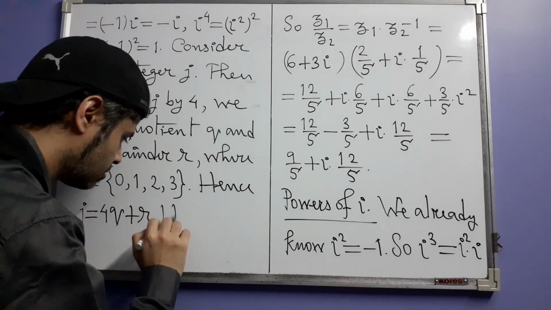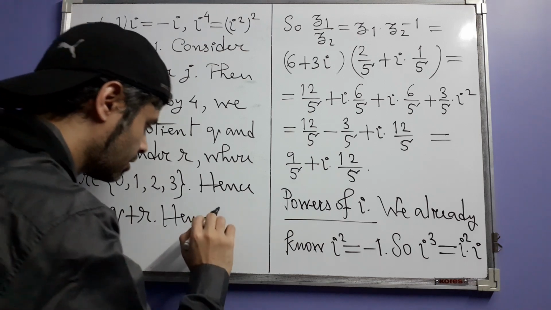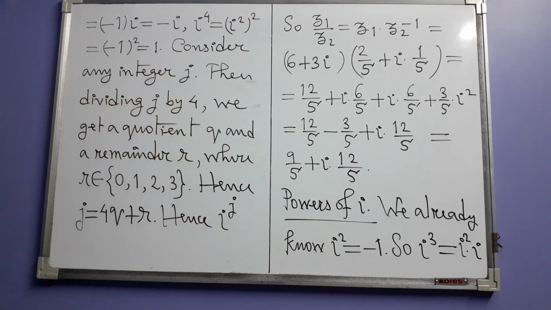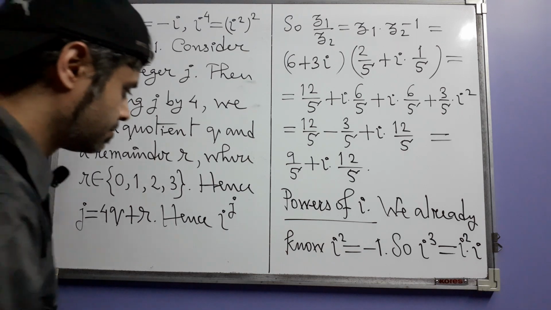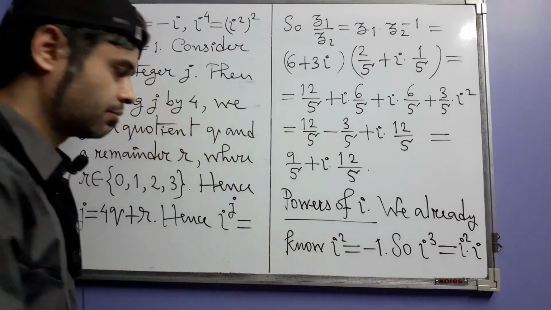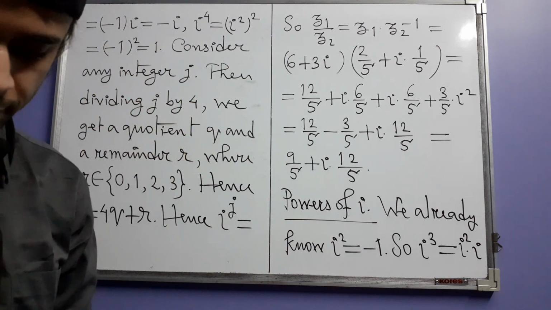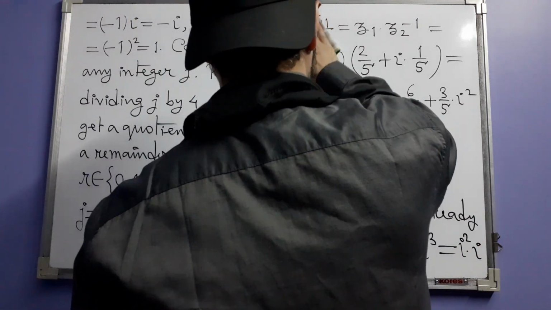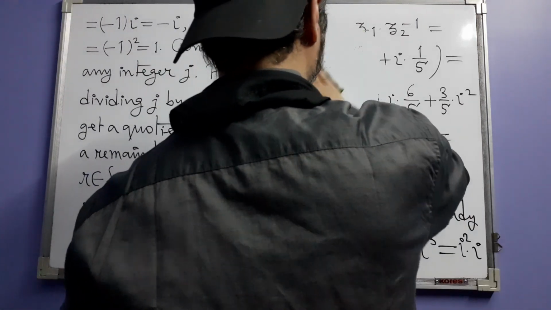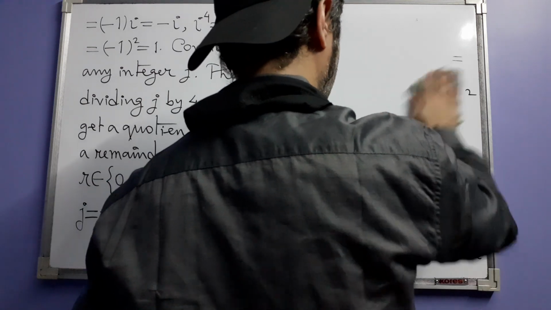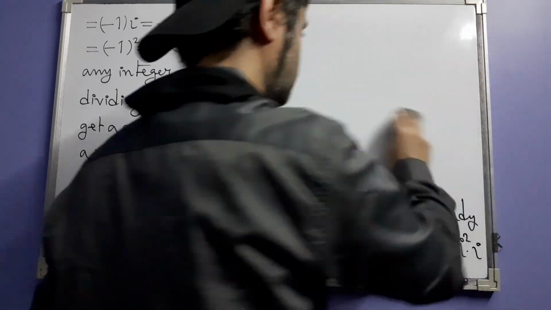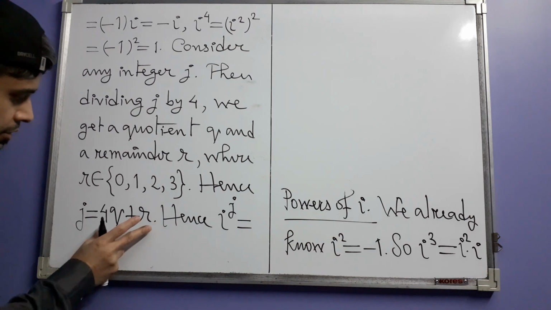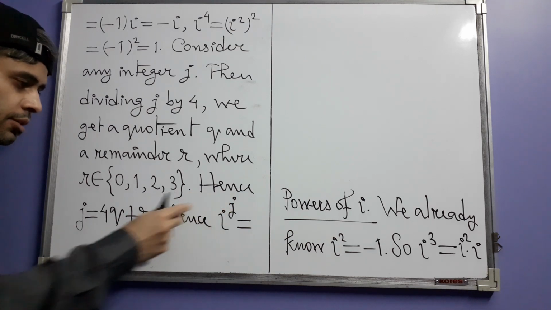Hence, let us now consider this power of i to the power j, where j is that integer. So let's substitute this expression for j.